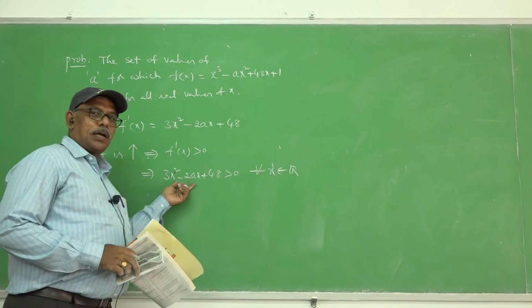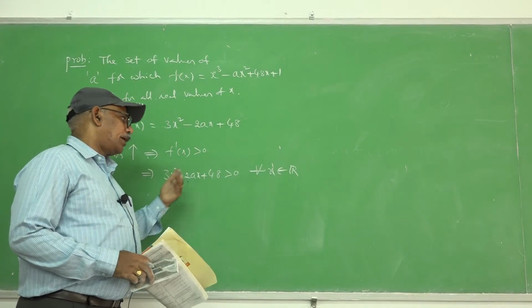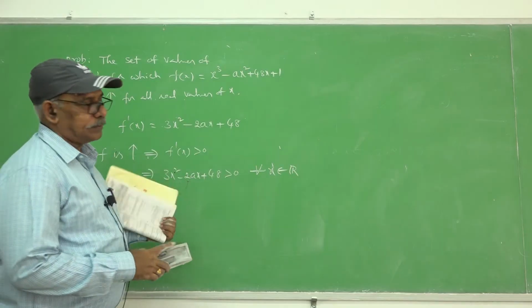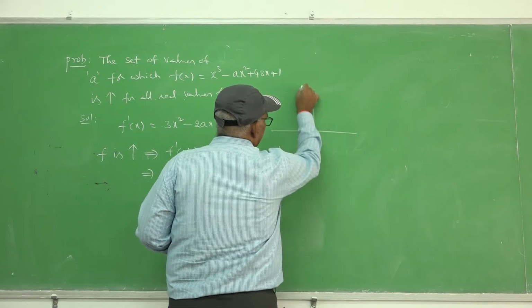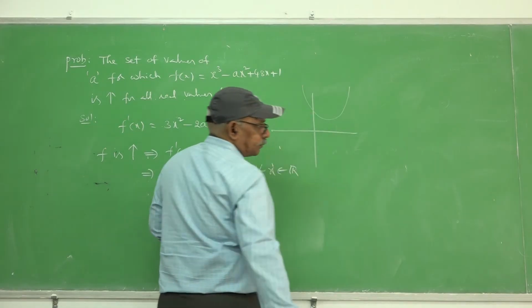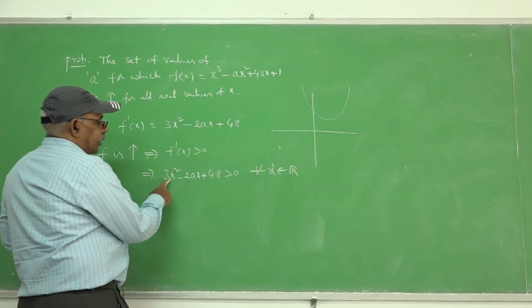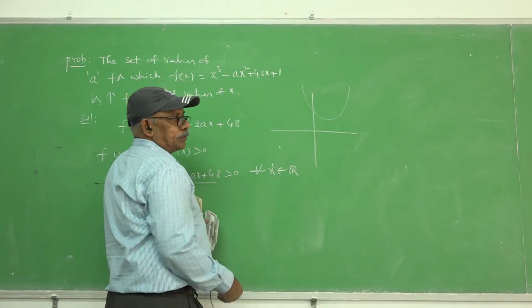So this parabola takes only positive values. That means it is above the x-axis only. Once you draw the parabola of this curve, it is above the x-axis like this, because the x square coefficient is positive, and the total functional value is positive.